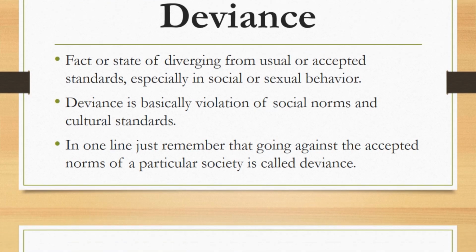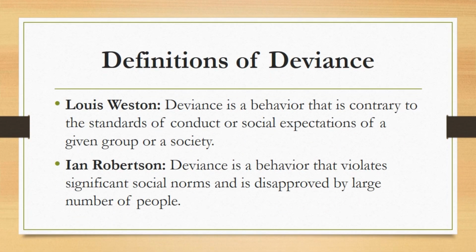Now we will study two definitions of deviance. The first one is given by Louis Weston. According to him, deviance is a behavior that is contrary to the standards of conduct or social expectations of a given group or society. The second definition is given by Robertson.